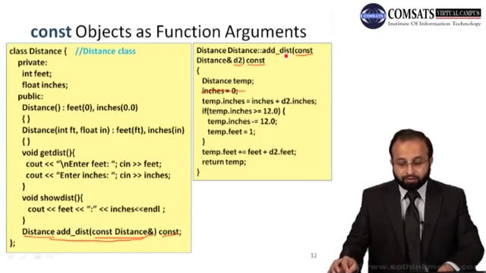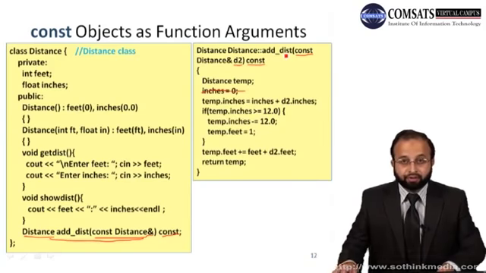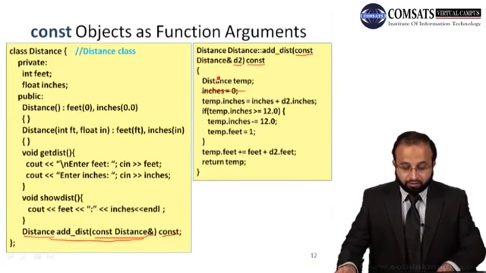So it is not possible for add dist function to change the private data member of the object which is calling add dist function, right? The handler object. So this inches shouldn't be here because it is not possible for add dist function to change the value of the private data member of the object that is actually calling add dist function, right? So we should omit this line.